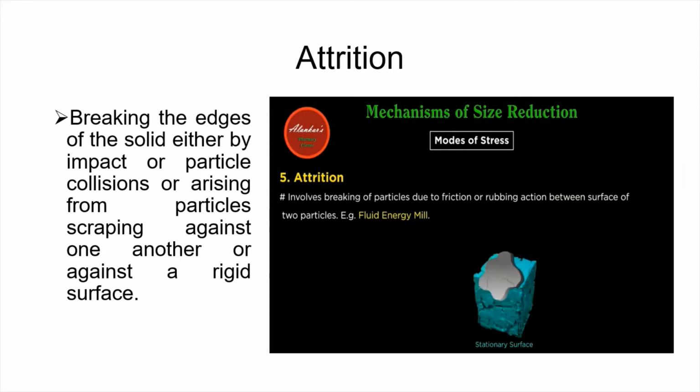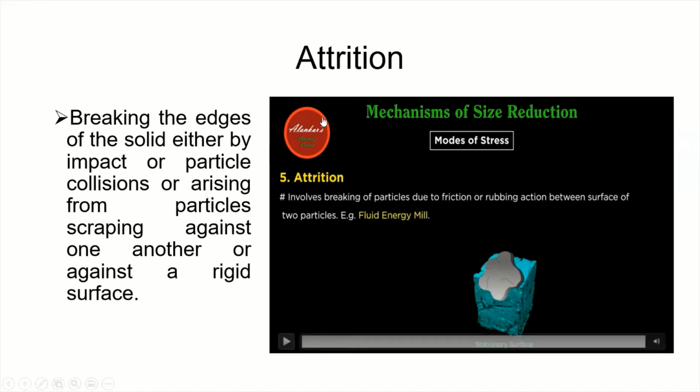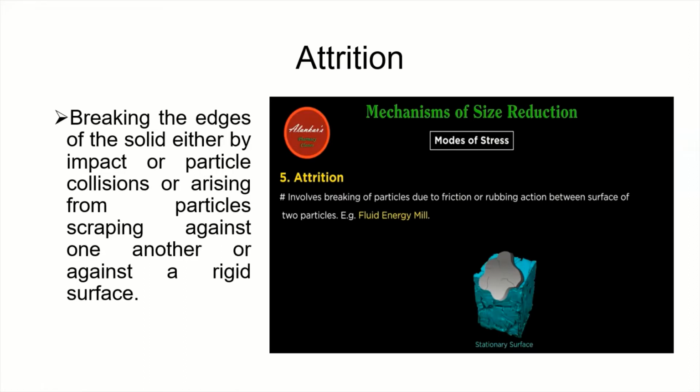So in this type of mechanism, attrition, the particle will rub against a surface, which causes friction in their collision. So it will break the edges of the solid either by impact or particle collisions or arising from particles scraping against one another.